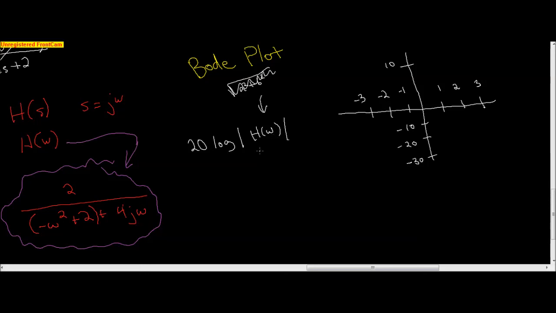So the magnitude of H of omega is going to be equal to 2 over the square root of negative omega squared plus 2, this term squared, plus 16 omega squared.